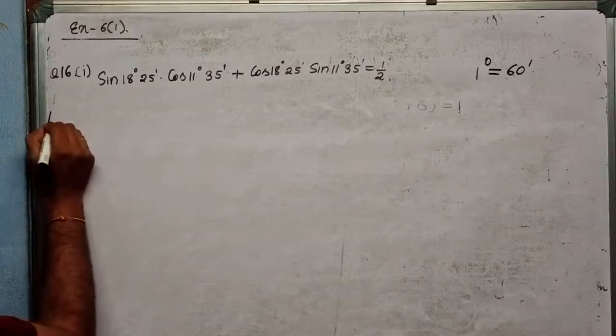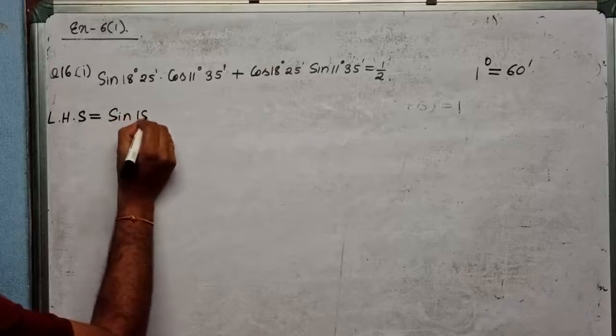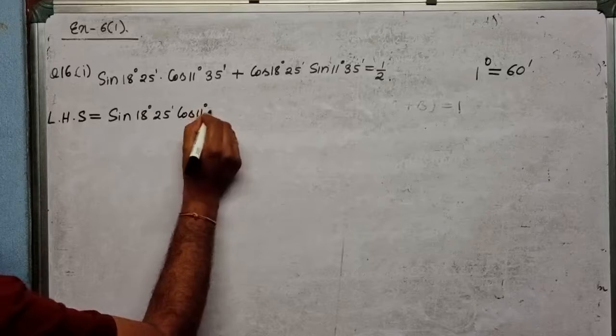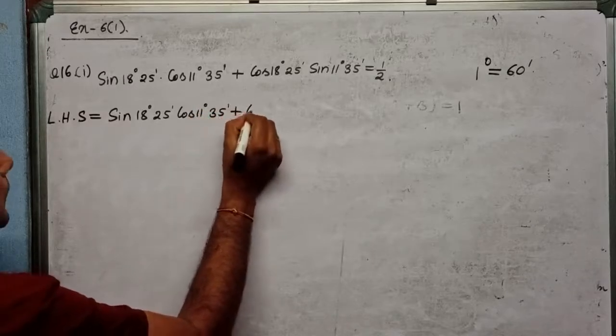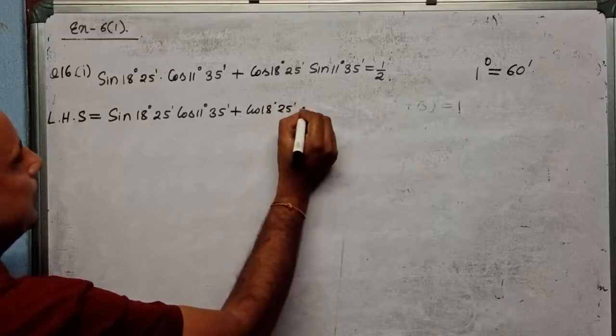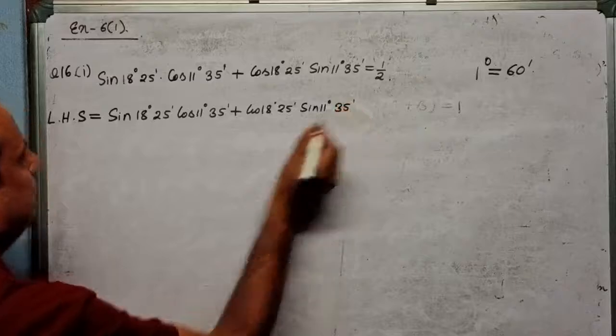Now I'll take the left hand side, LHS: sine 18 degree 25 minutes cos 11 degree 35 minutes plus cos 18 degree 25 minutes sine 11 degree 35 minutes.